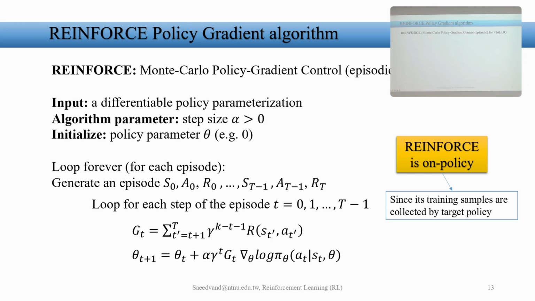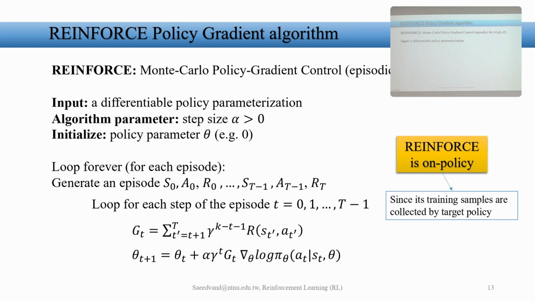First of all, we have Monte Carlo policy gradient control that is episodic for the policy pi, action given state and parameter. The theta parameters are inside here, but it could have been here too. It doesn't matter, it's the same representation. The objective is finding the thetas that maximize the action per state.